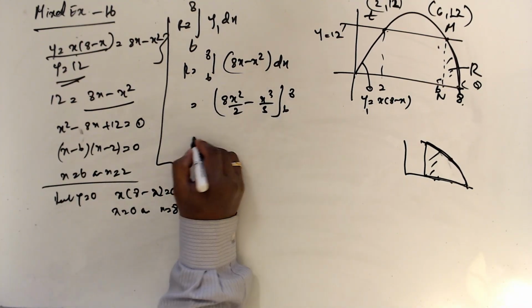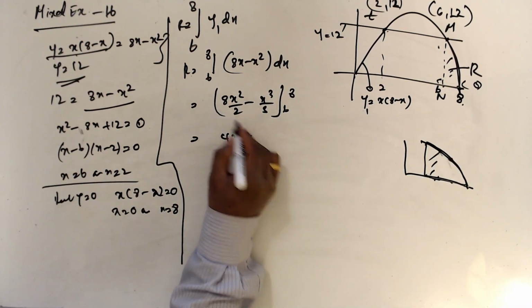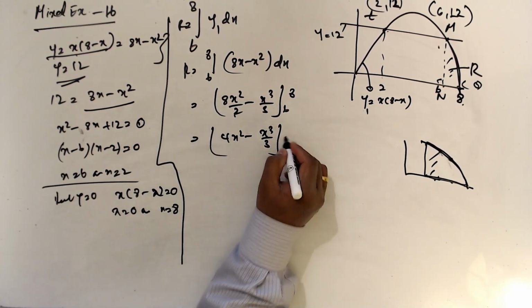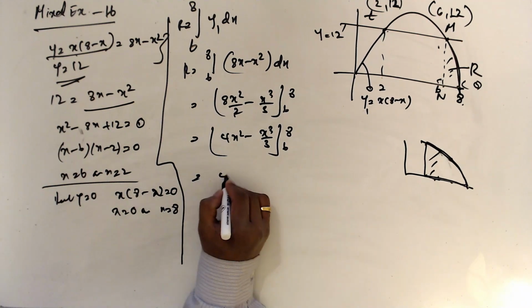from 6 to 8. It means 4x square, 8 divided by 4, and x cube over 3, from 6 to 8.